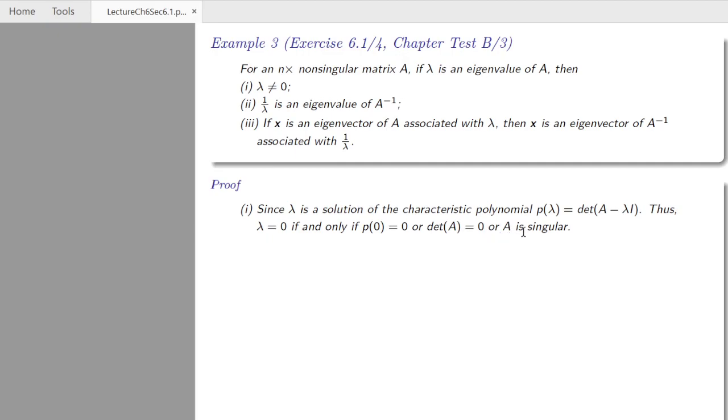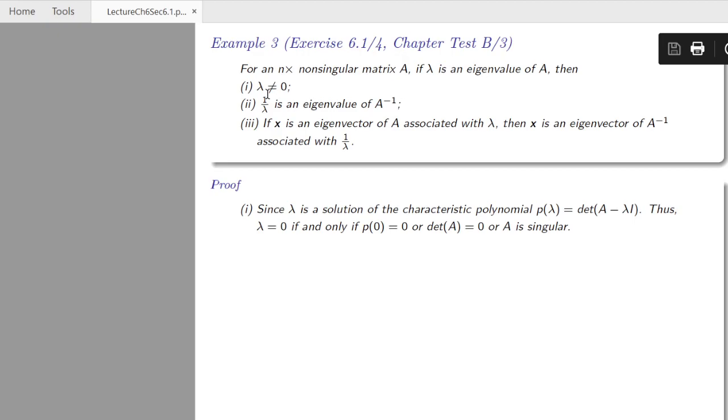In that case, A is singular. Because the assumption is A is non-singular, we cannot get lambda equals 0 as a solution of the characteristic polynomial. This is one proof for the first property.